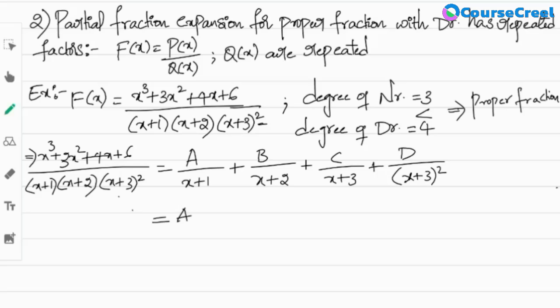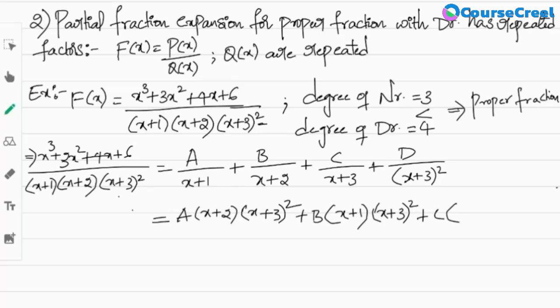So we'll get A into (x + 2) into (x + 3)² plus B into (x + 1) into (x + 3)² plus C into (x + 1) into (x + 2) into (x + 3) plus D into (x + 1) into (x + 2).